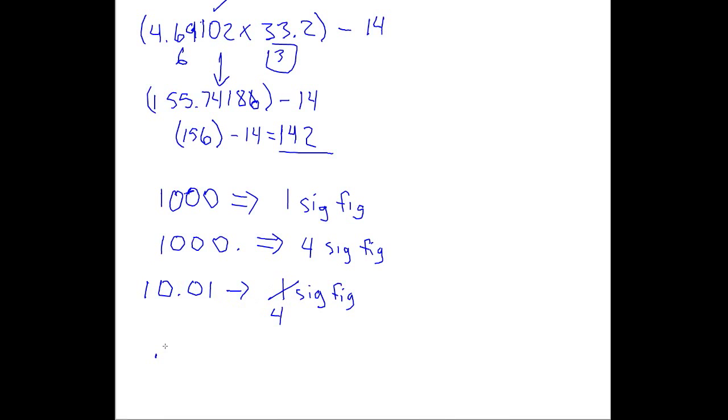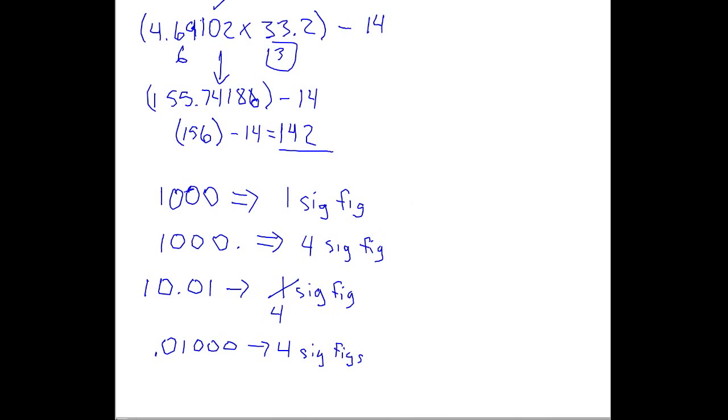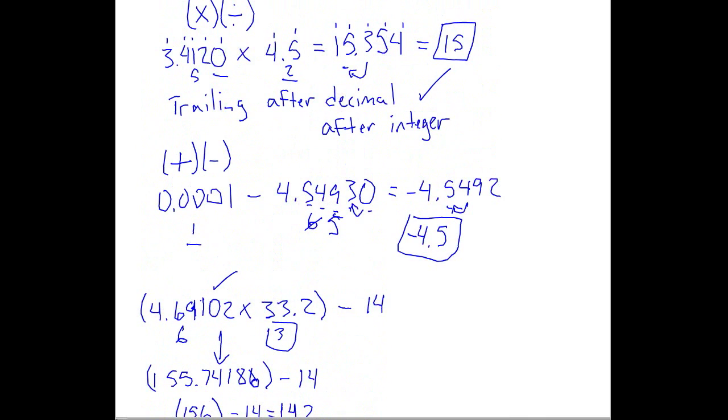Now, 0.1000, that number has 4 sig figs. So, very important to know what is significant, and also very important to know how to carry out operations while keeping your precision intact.